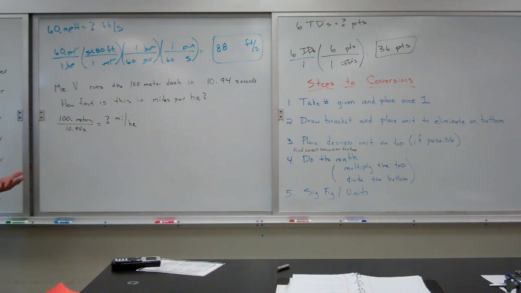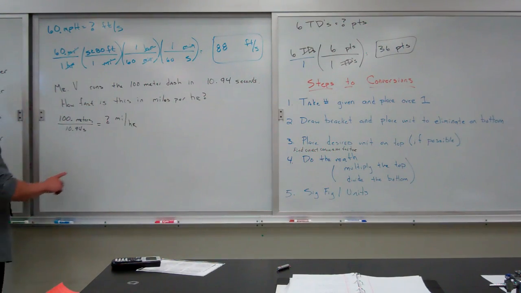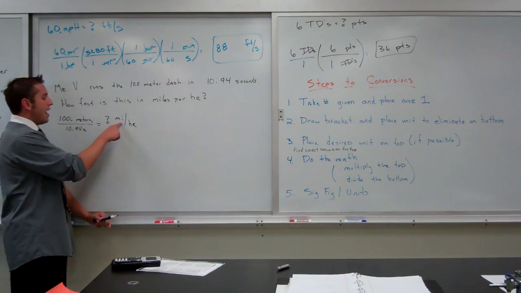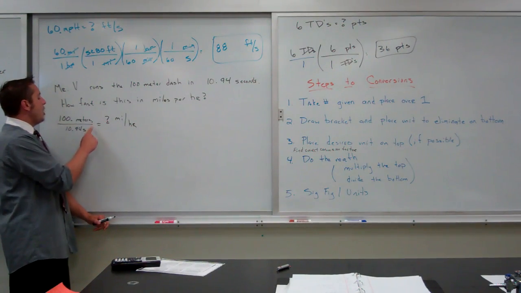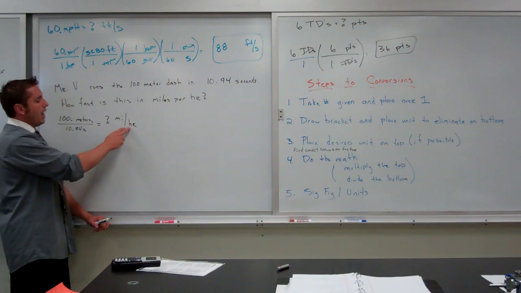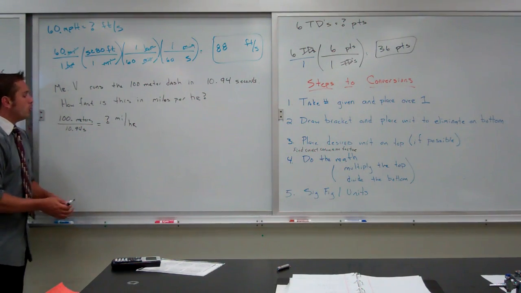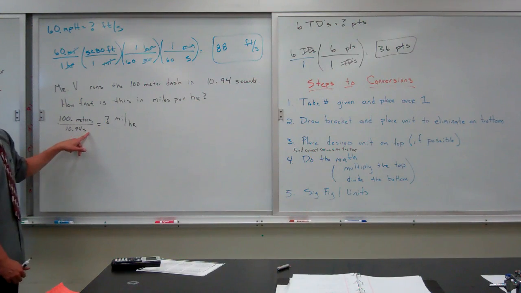Now, the tricky thing is you have to decide, how do I want to write this? Meters over seconds or seconds over meters? Because it wasn't given to me. Take a look at the units of your answer. Miles is on top, and hours is on the bottom. Hours is time, seconds is time, so we'll put time on the bottom.